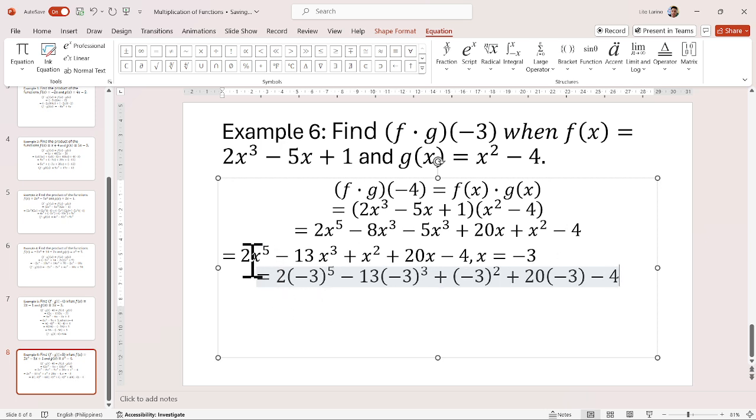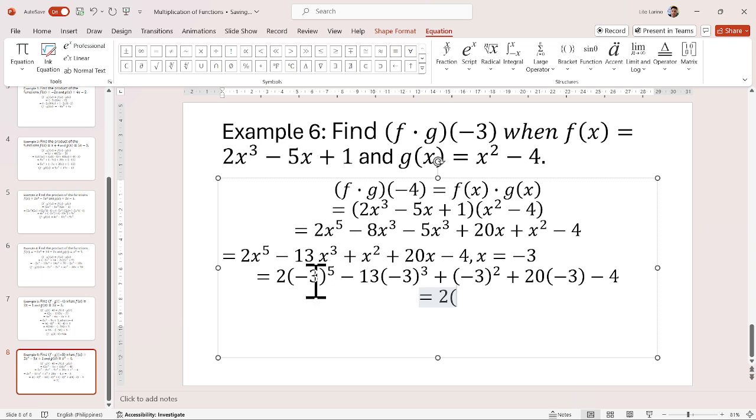Let's check it. 2 times negative 3 to the 5th minus 13 times negative 3 cubed plus negative 3 squared plus 20 times negative 3 minus 4.